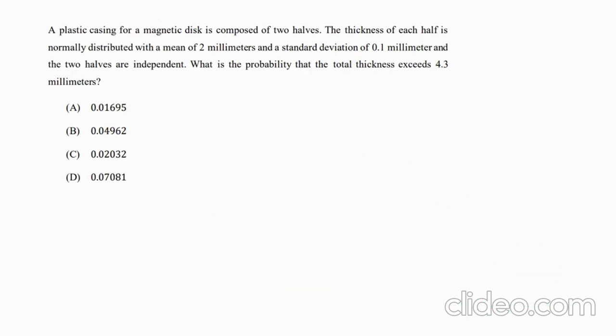Now move to the next question, which says a plastic casing for a magnetic disc is composed of two halves. The thickness of each half is normally distributed with mean 2 millimeters and a standard deviation of 0.1. So x1 and x2, let's say, are the thickness of the two halves.